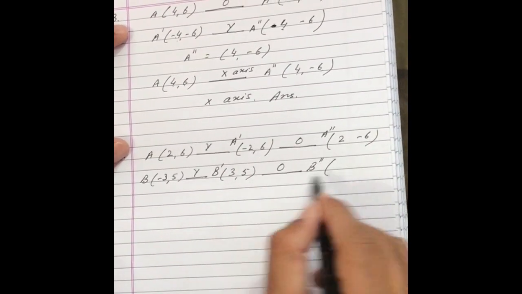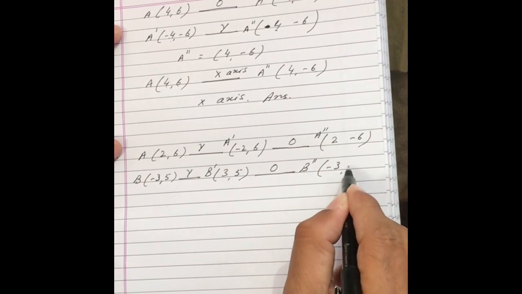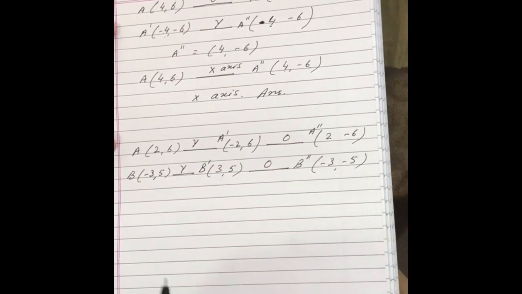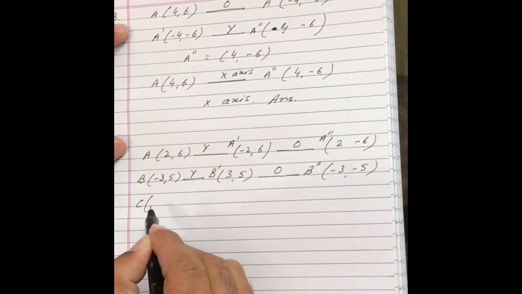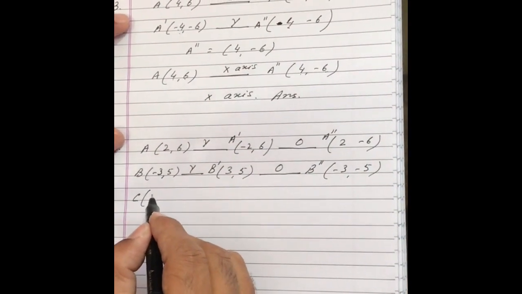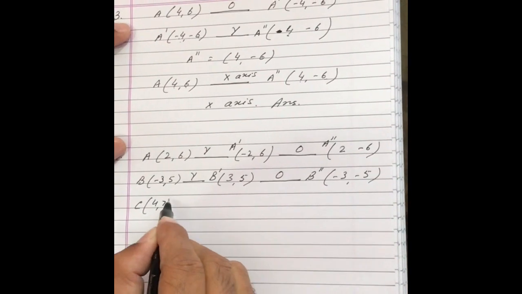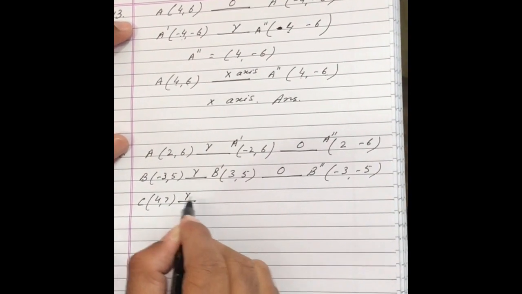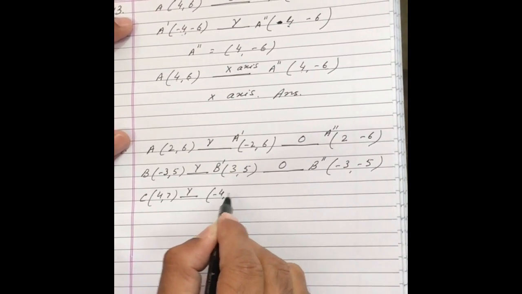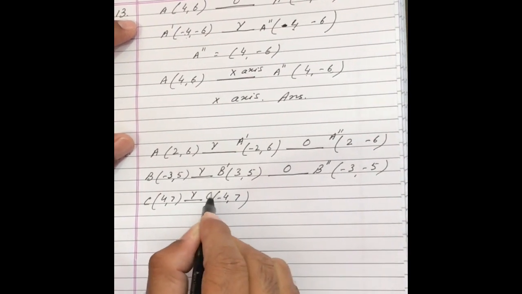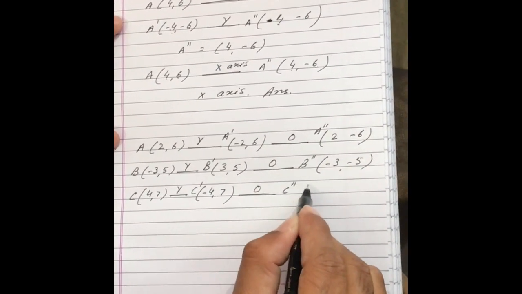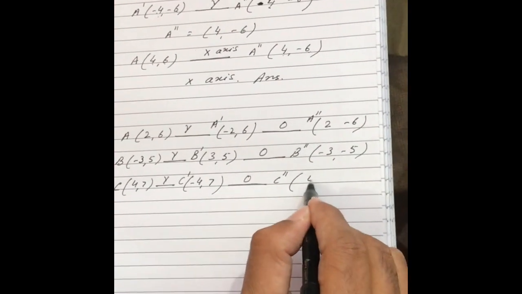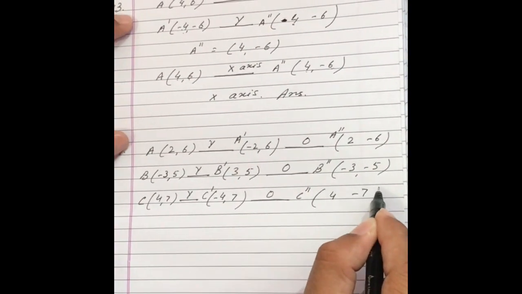It will become minus 3, minus 5. Then C is 4, 7. I reflect in the y-axis. It will become minus 4, 7, C dash. Then in the origin, C double dash will become 4 and minus 7.